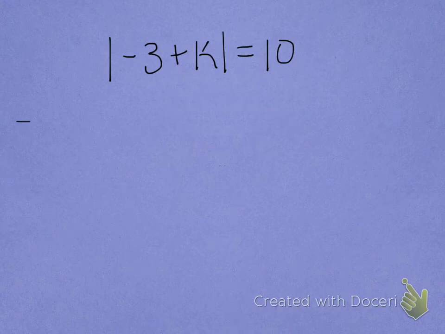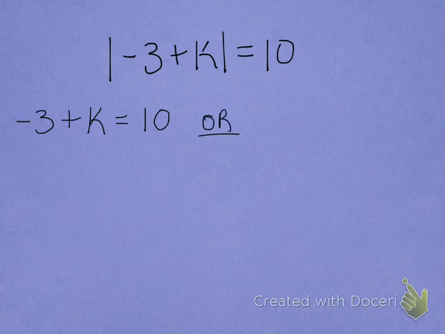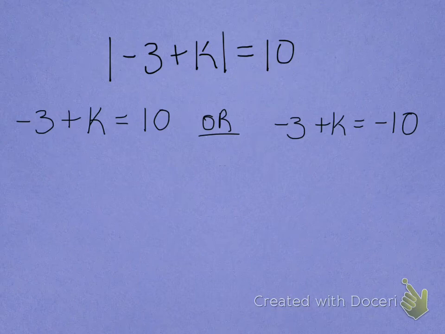It is possible that negative 3 plus k could be equal to exactly 10, or we must also consider the possibility that negative 3 plus k could be equal to negative 10, because the absolute value of negative 10 is still 10. So we are going to take each of these equations and solve them just as if they were separate individual equations. Let's focus on the positive 10 side.